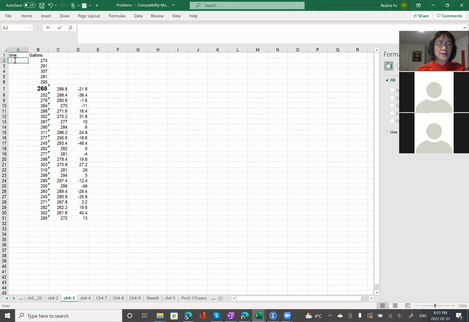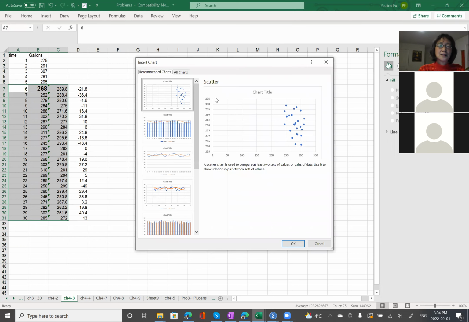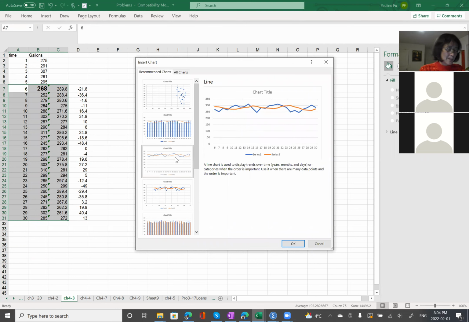Time period 1, time period 2, etc. And now I want to produce a graph showing the original number and forecasted number. So I'm going to select all these 3 columns of data together and go to Insert, Line chart, and then click the OK button.